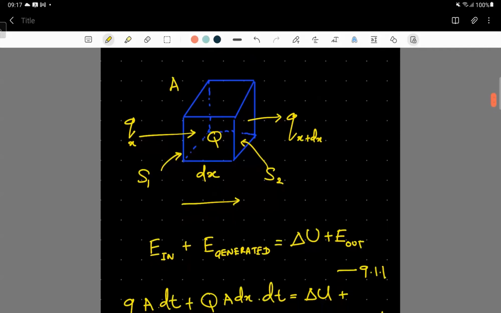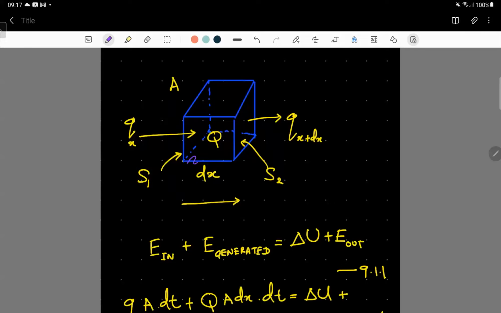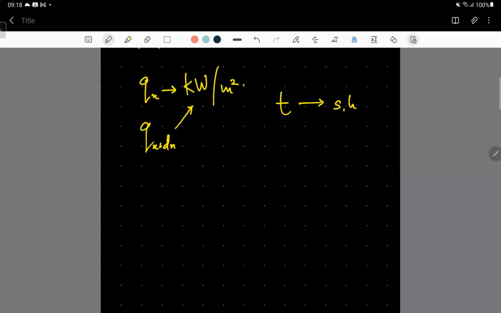Right. Since we consider this to be a one-dimensional heat transfer problem, there will be heat transfer taking place only in the x direction. The other surfaces, for the moment, are considered to be insulated. We know Q is the internal heat source, given with the units of heat generated per unit time per unit volume, which is positive because it generates heat.